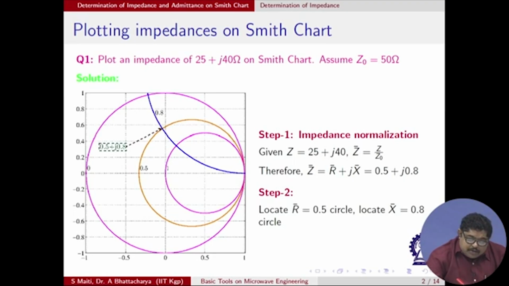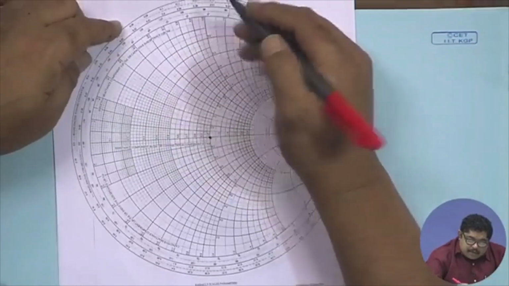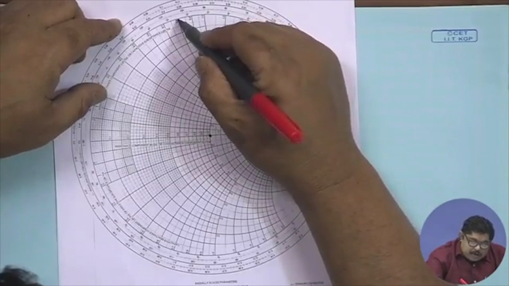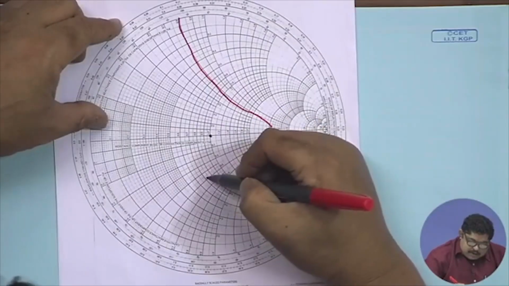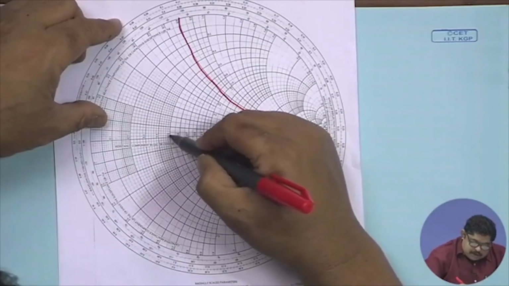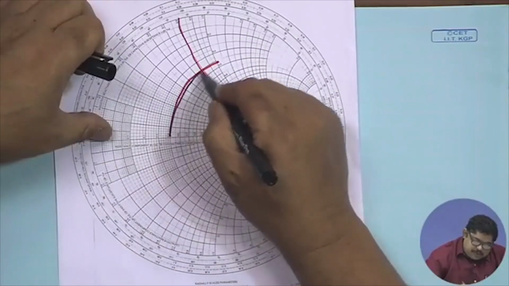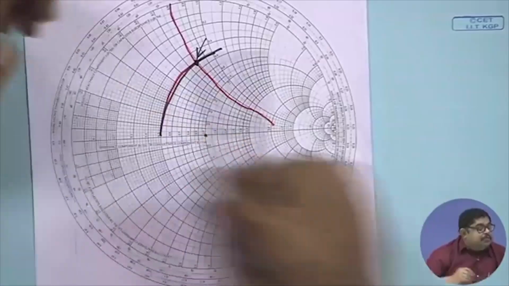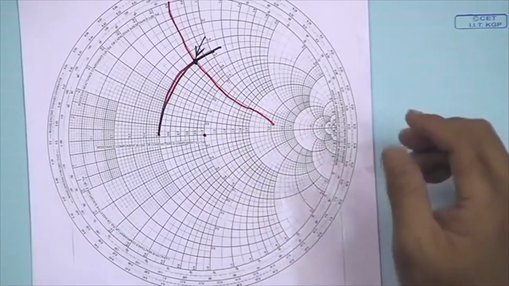The values on those arcs are given on the inner side of the outermost periphery. I am locating 0.8 here, and 0.5 is this circle. The intersection point somewhere here is our desired point. By this procedure I can locate any impedance on the Smith chart.